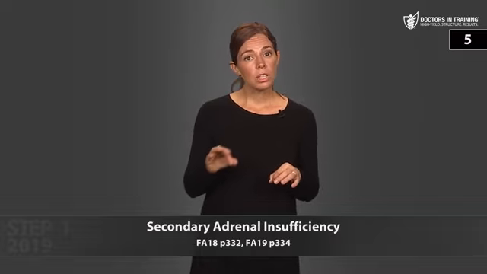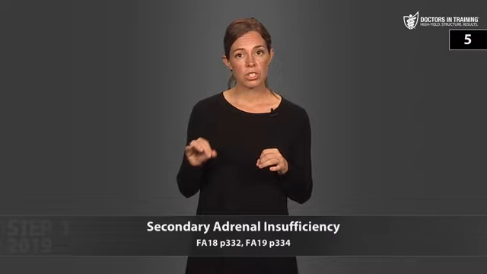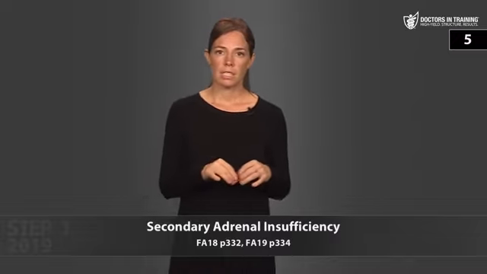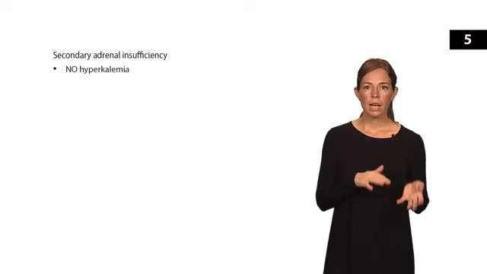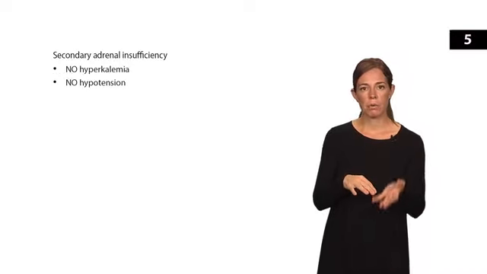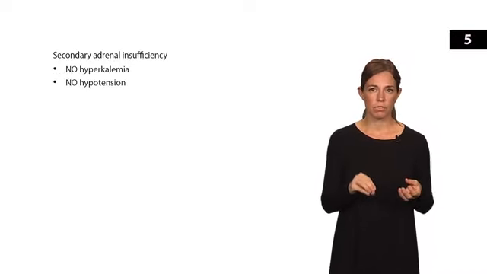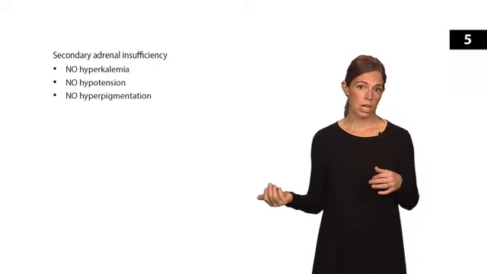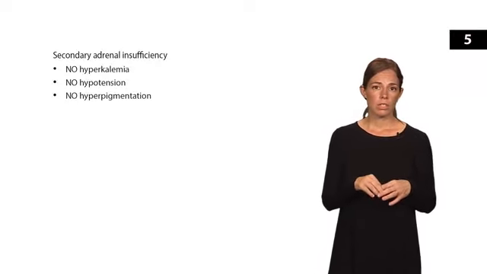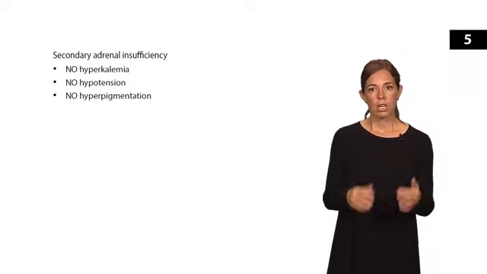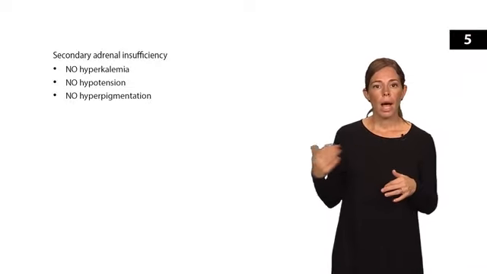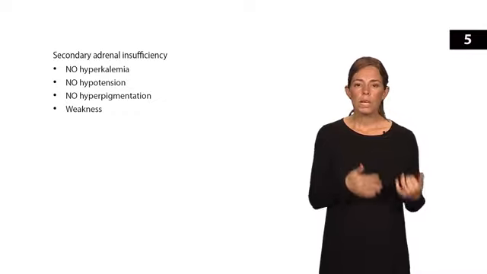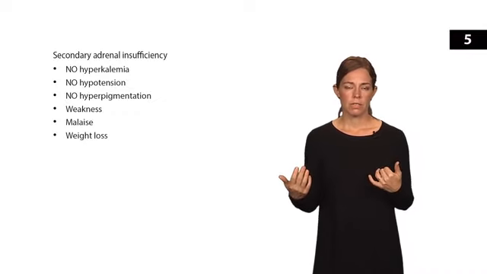But the adrenals do continue to make aldosterone, which is stimulated by renin, not ACTH. So these patients don't get as much hyperkalemia or hypotension with secondary adrenal insufficiency. And since there are low levels of ACTH, they also don't get hyperpigmentation. So with secondary adrenal insufficiency, there's no hyperpigmentation, no hyperkalemia, and no hypotension. But you do see the weakness and malaise and weight loss.